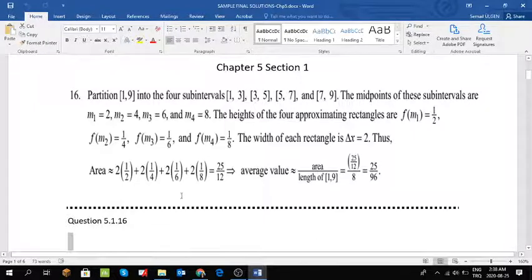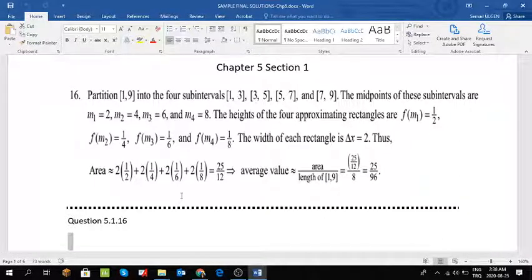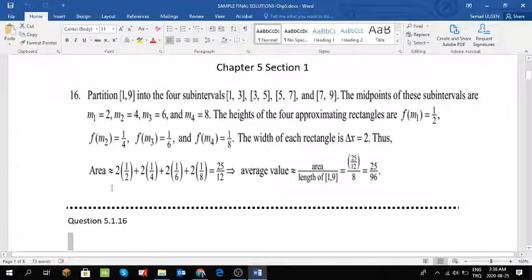Then what is the approximate area under this curve on the interval 1 to 9? The area is approximately the sum of the areas of the rectangles: 2 times 1 over 2, 2 times 1 over 4, 2 times 1 over 6, 2 times 1 over 8, and you get 25 over 12.